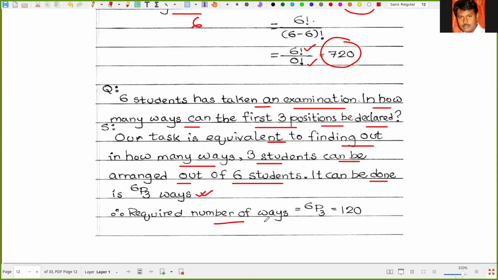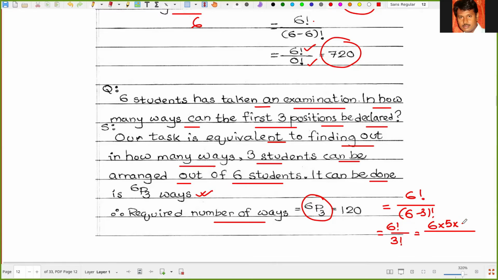So the required number of ways is equal to 6P3, or we can write it as 6 factorial upon (6 minus 3) factorial, or 6 factorial upon 3 factorial, or 6 into 5 into 4 into 3 factorial upon 3 factorial. Divide 3 factorial and the result is 6 into 5 into 4. That one is equal to 120.